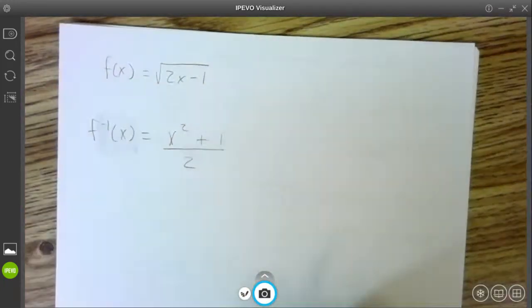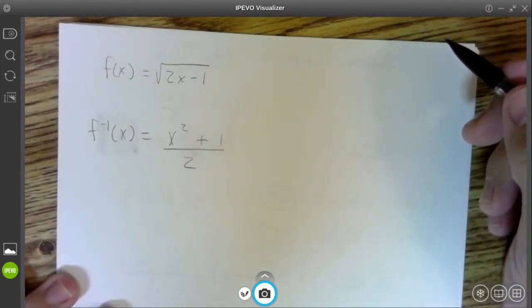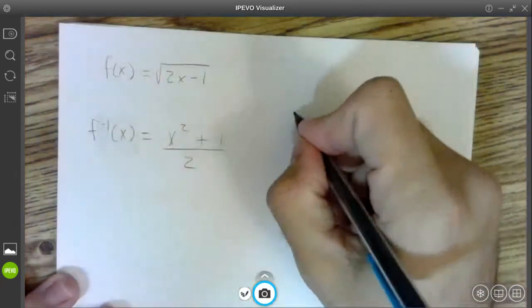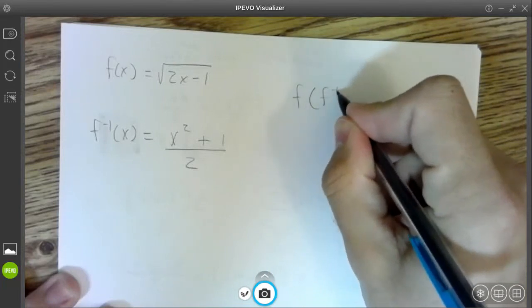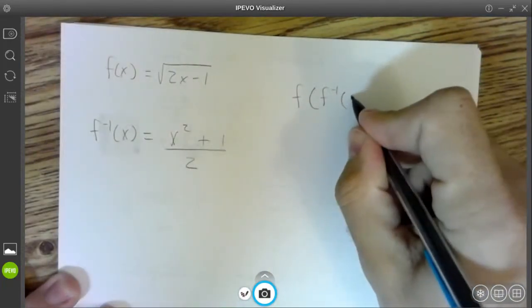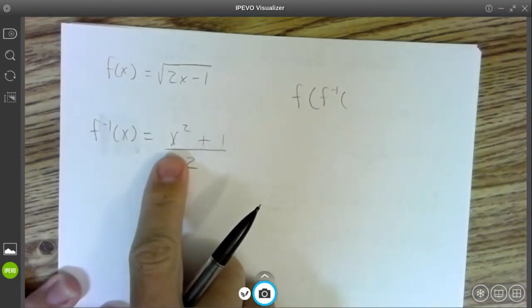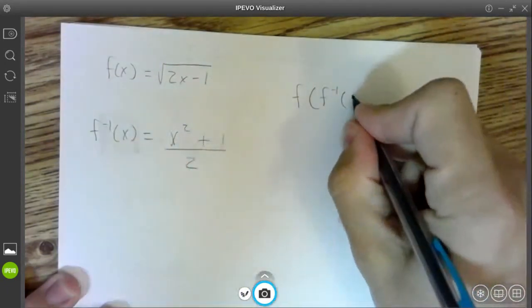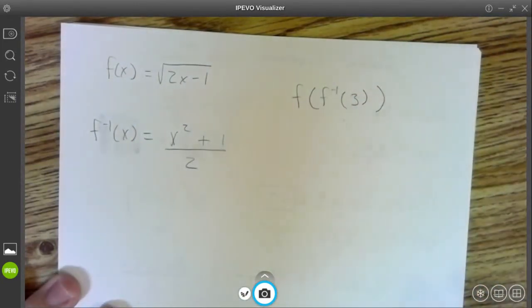So what I want to look at, let me start by just plugging in a number. I'll look at f of f inverse of, don't want to use 2. Let me pick out a good number here. I'll do 3. This will be a number that plays nicely.